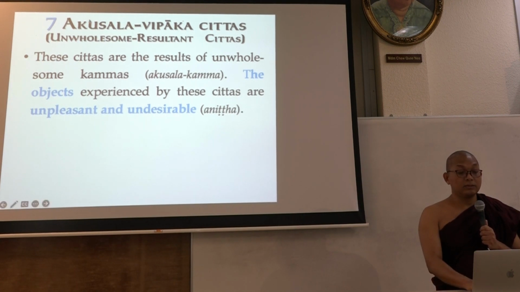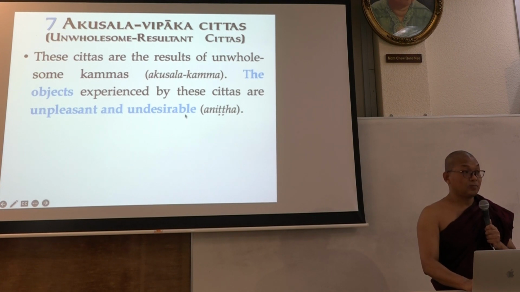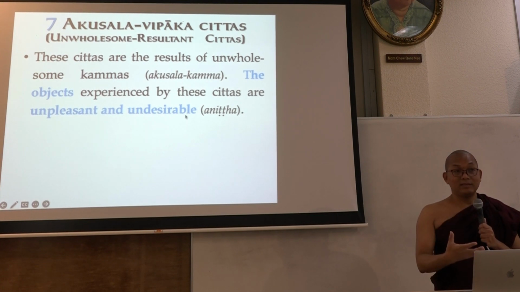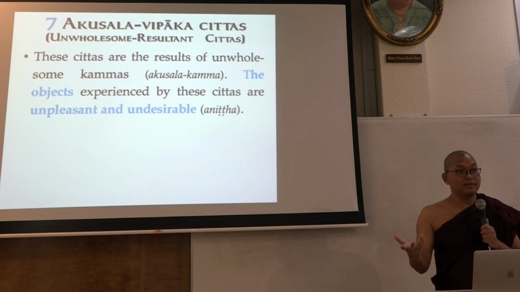That is akusala vipaka chaitas. The object experienced by these chaitas is unpleasant, undesirable. Sometimes we see unpleasant things, we hear unpleasant sounds, right? Blame, criticism, accusation like that. Not good.